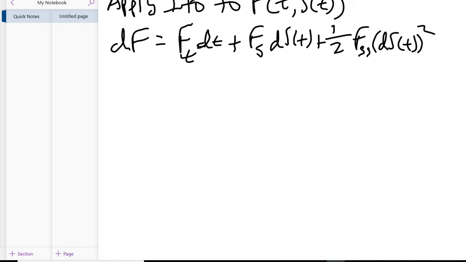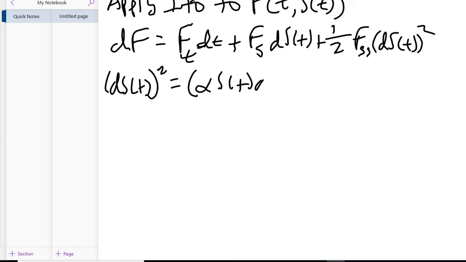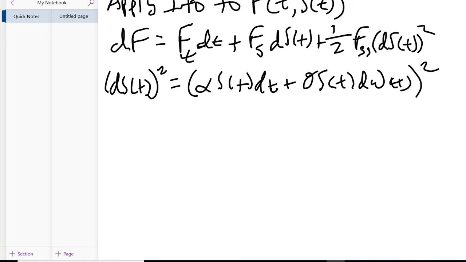Now it's also important to remember, let's do a little ancillary calc, that dS_t squared is of course equal to alpha S_t dt plus sigma S_t dW_t, squared.